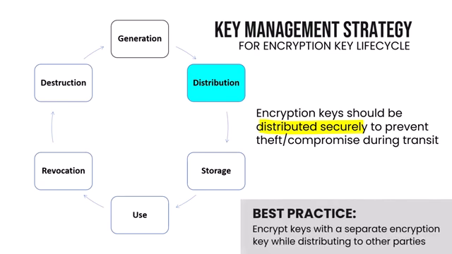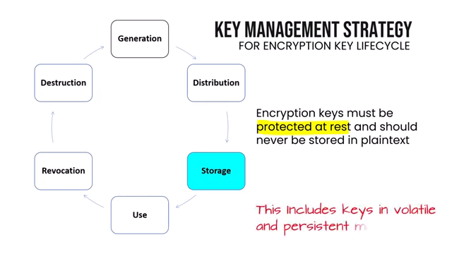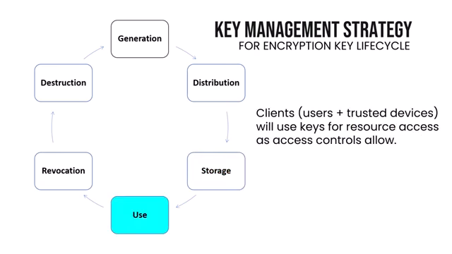Best practice here, encrypt keys with a separate encryption key while distributing to other parties. And then storage. Encryption keys must be protected at rest and should never be stored in plain text. This includes keys in volatile and persistent memory, so we shouldn't have keys sitting in memory unencrypted.